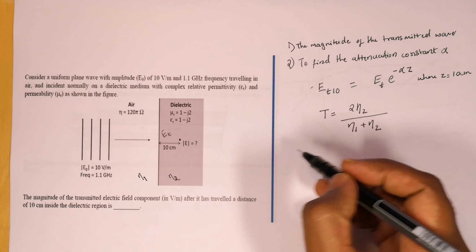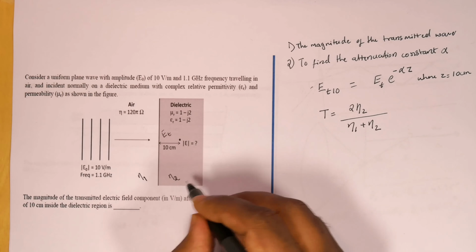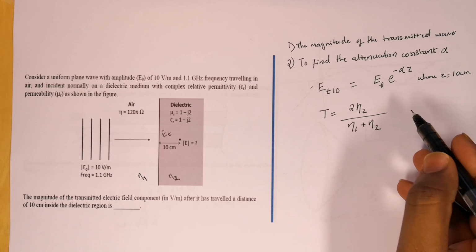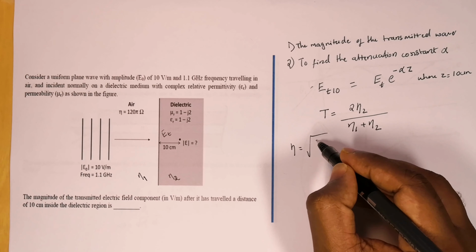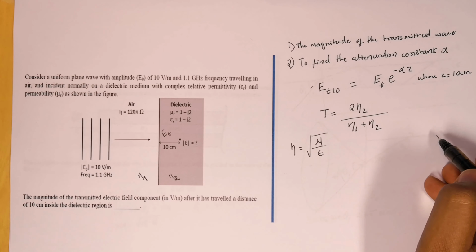The first thing is to see what is the formula for the intrinsic impedance. So eta is given by square root of mu by epsilon for a given medium.